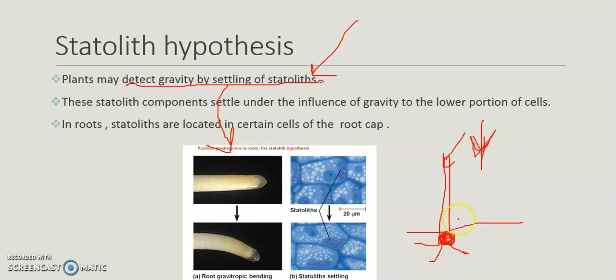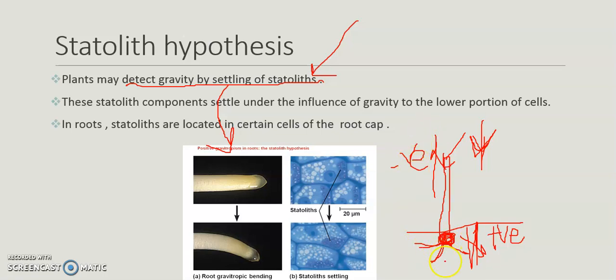And what happens there is that the shoot grows opposite to the gravity, so there is a negative gravitropism here, because the shoot is growing upwards, in the opposite direction of gravity.